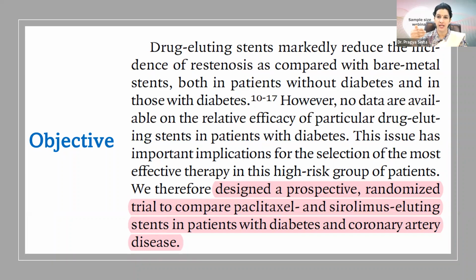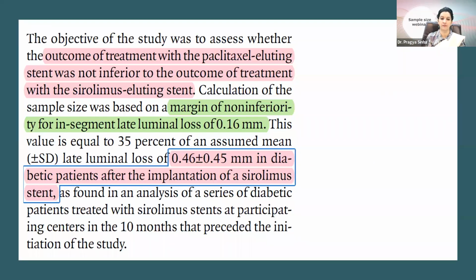Therefore, we designed a prospective randomized trial to compare paclitaxel and sirolimus eluting stents in patients with diabetes and coronary artery disease. So the objective of this study was to assess whether the outcome of treatment, the outcome being restenosis, with the paclitaxel eluting stent was not inferior to the outcome of treatment with the sirolimus eluting stent. Now, we are not going to tell you in detail why the author planned this.